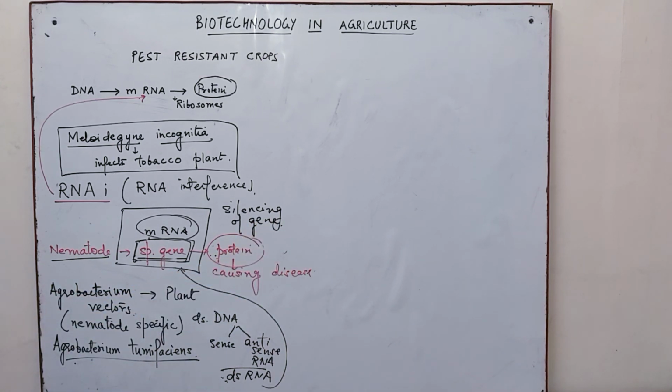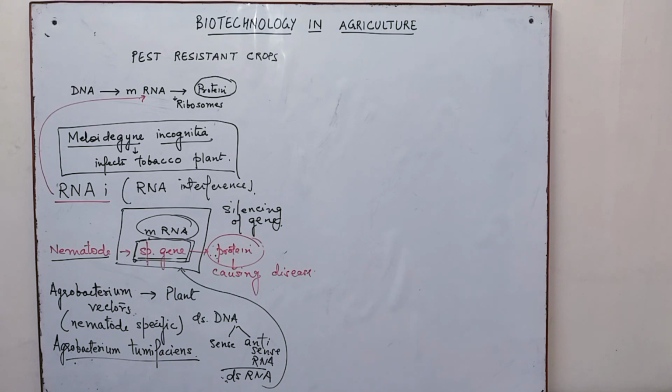The complementary RNA can be from an infection causing virus with RNA genomes or mobile genetic elements, that is transposons, and they replicate through an RNA intermediate.